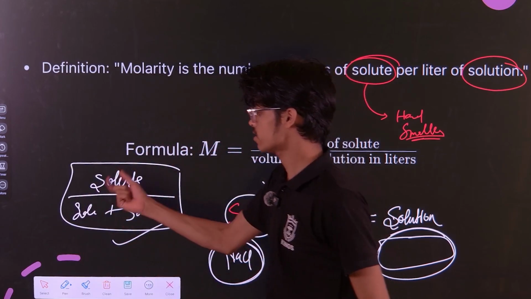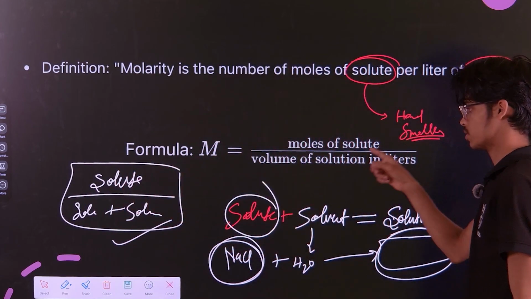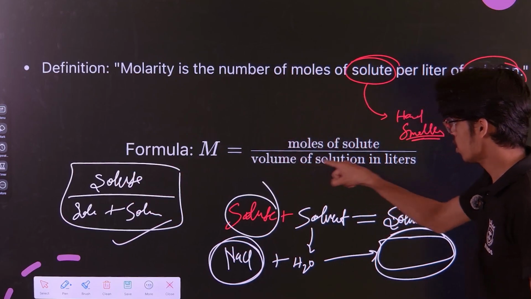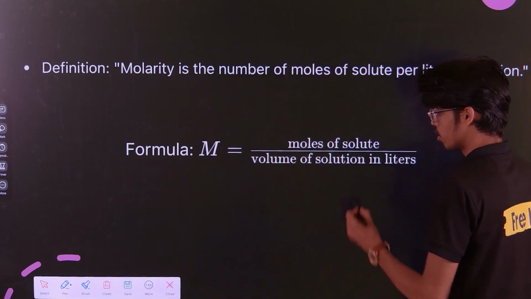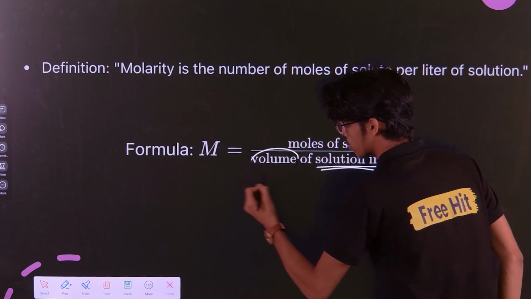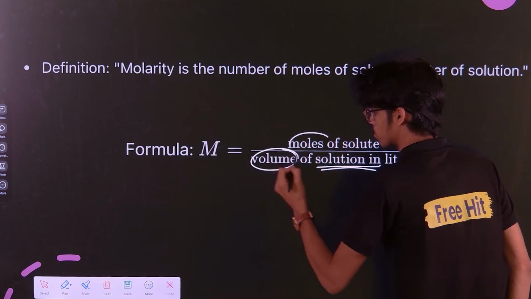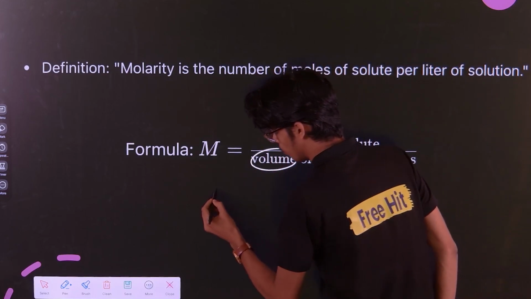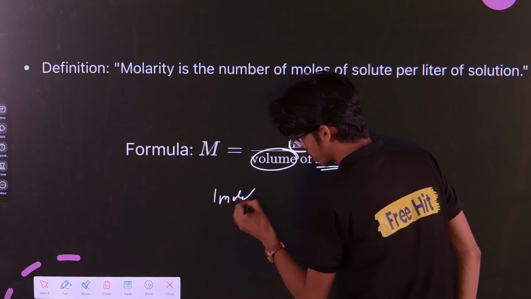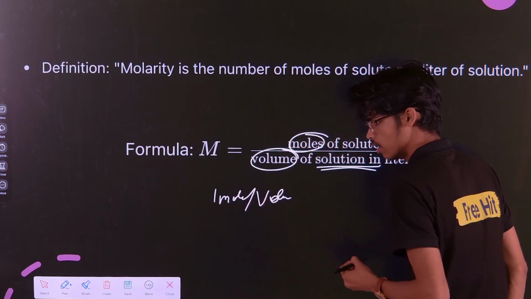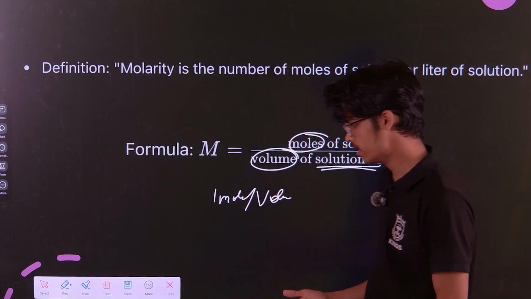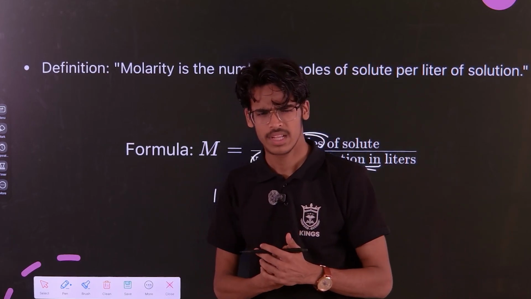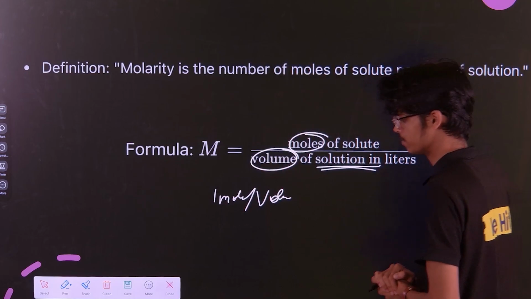So it tells us about the number of moles of solute per unit volume of solution in liters. Remember, when we are talking about solution, we are talking about volumes of solution and moles of solute. Like 1 mole per liter, 1 mole per milliliter. This is how we represent molarity. I hope the definition is pretty clear.